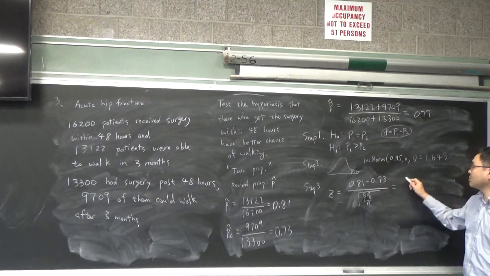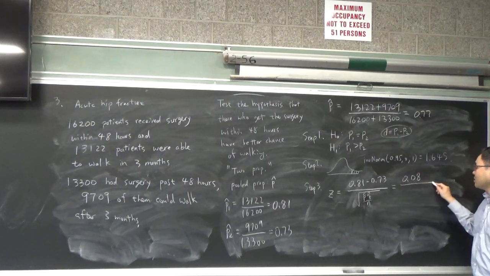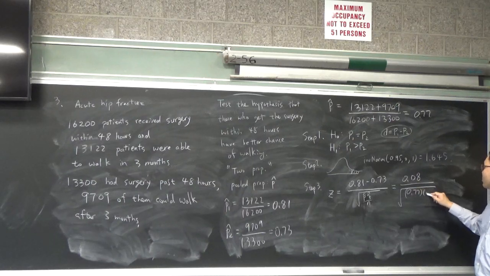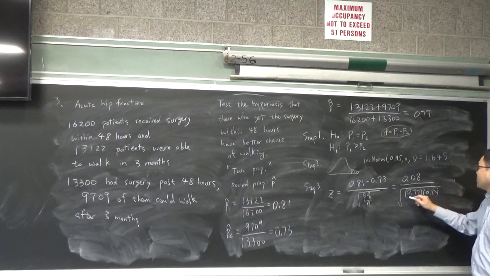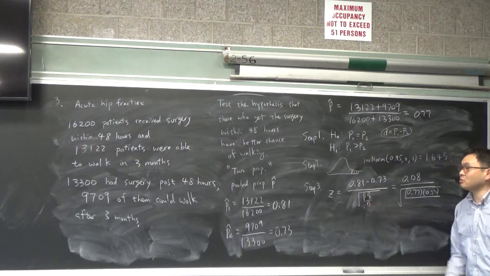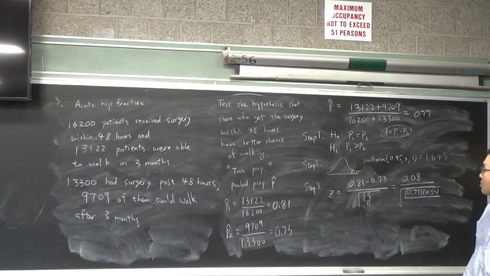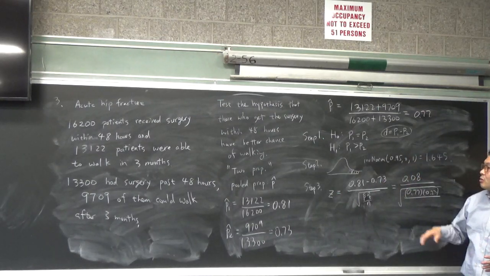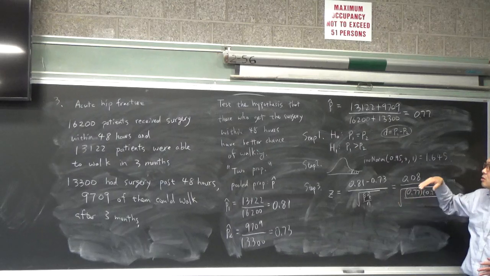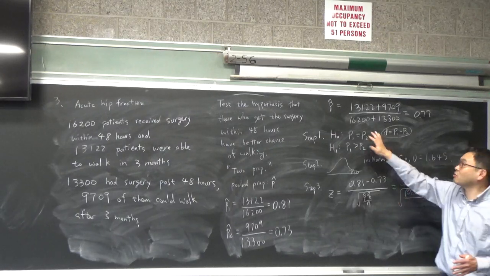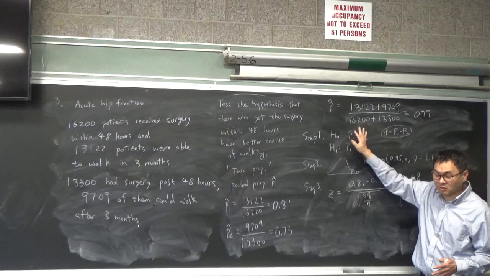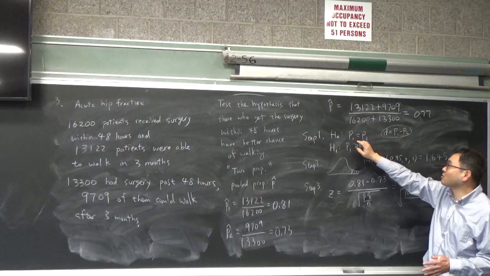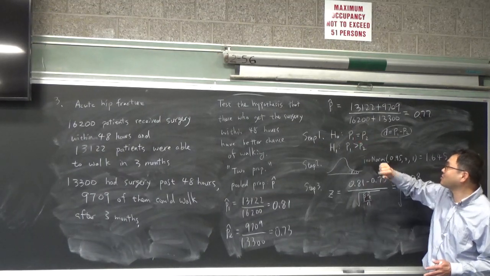So this is 0.08 divided by the square root of 0.77 times 0.23 divided by N, and this N should be the pooled one, so you have to add the two. The reason you do it that way is because when you're doing hypothesis testing, you're operating under the assumption of the null hypothesis.